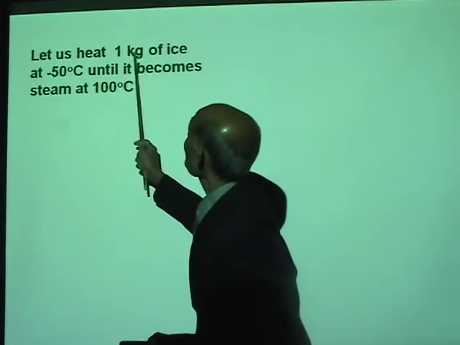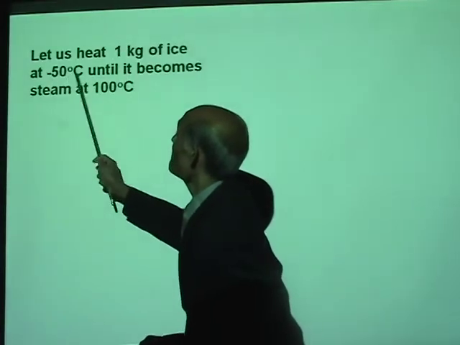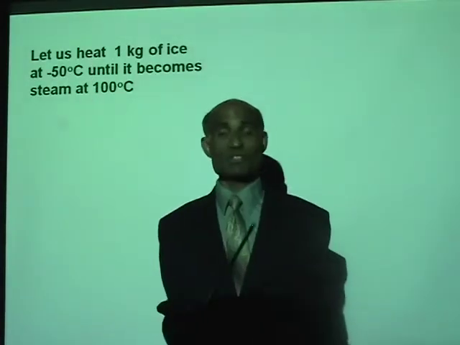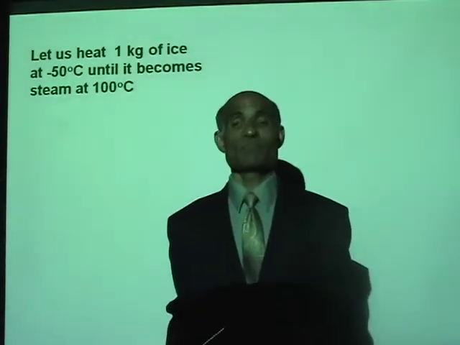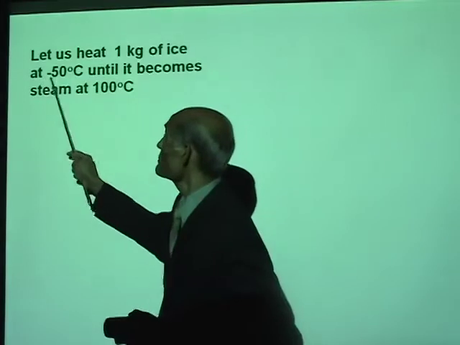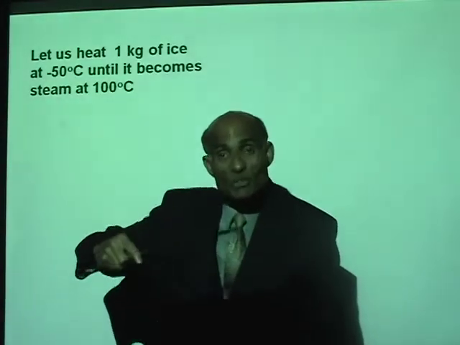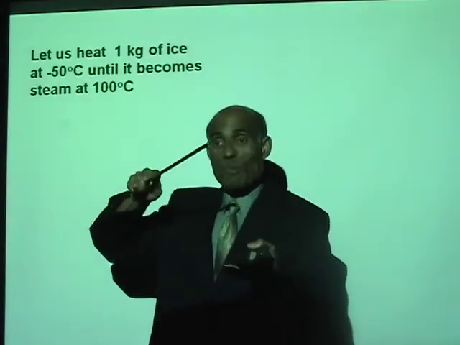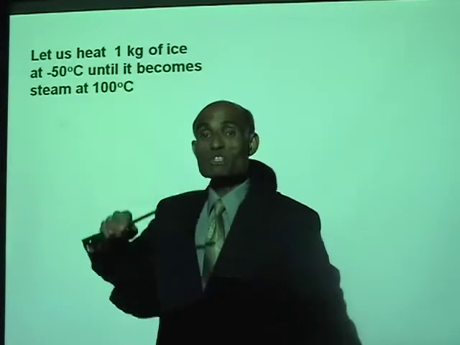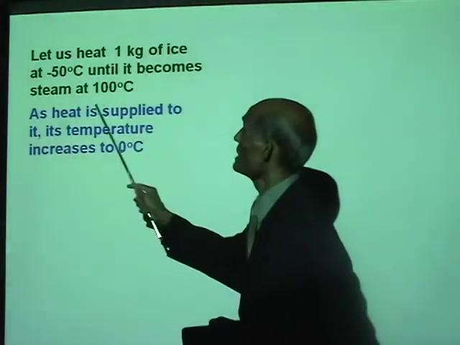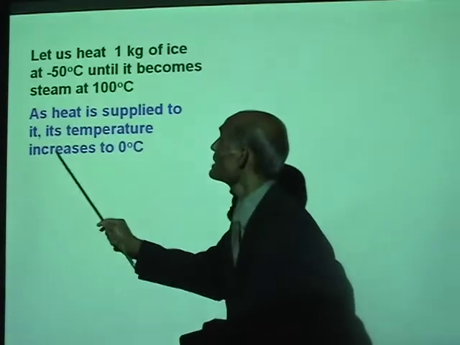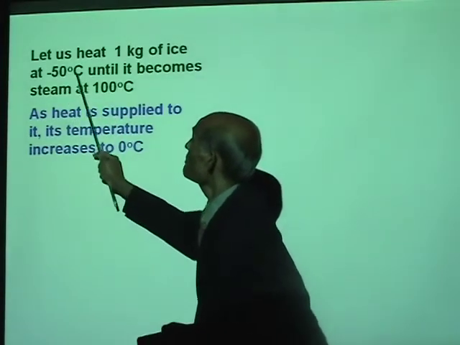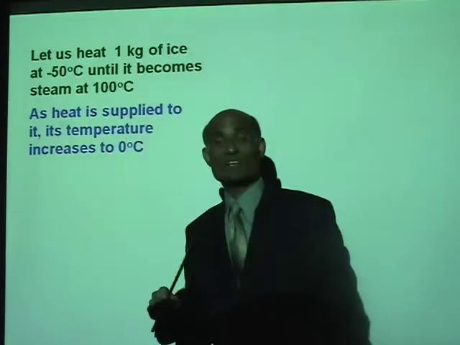We got 1 kilogram of ice at minus 50 degrees Celsius. I'm going to supply heat to that. What will happen? Ice at minus 50 degrees Celsius will increase its temperature up to where? Until it reaches 0 degrees Celsius. So as heat is supplied to it, its temperature will increase from negative 50 degrees to 0 degrees Celsius.